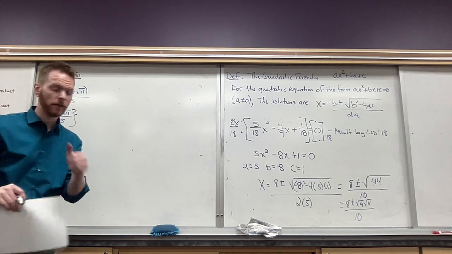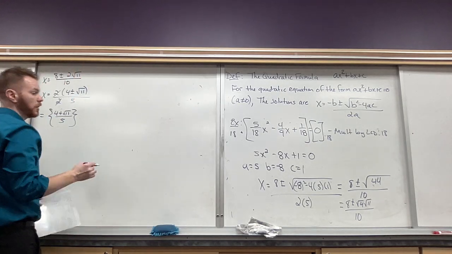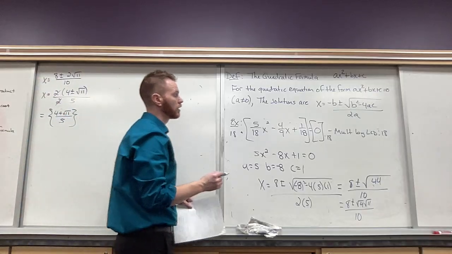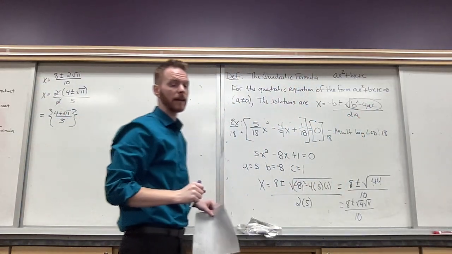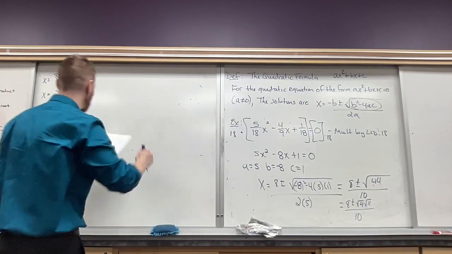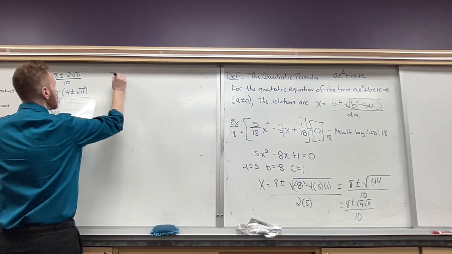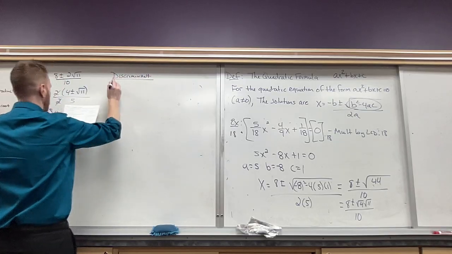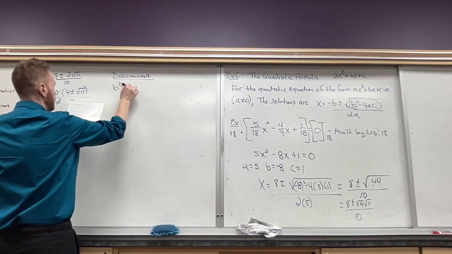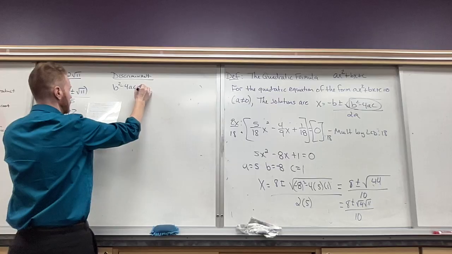All right, we're doing good. Now, one thing I want to note is this part here. This determines how many solutions I have and their type. It has a very special name, if you remember. It's called the discriminant. The discriminant is identified as b squared minus 4ac.